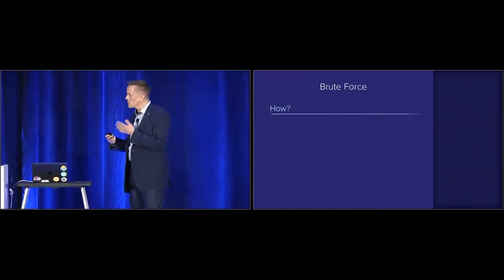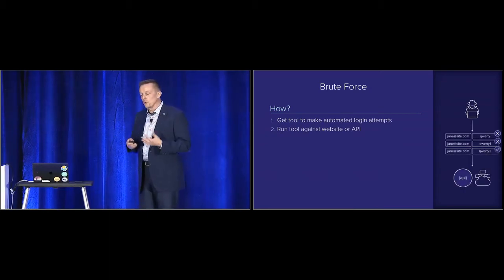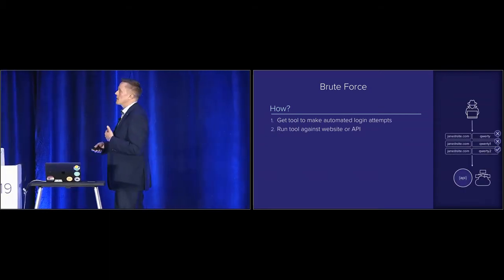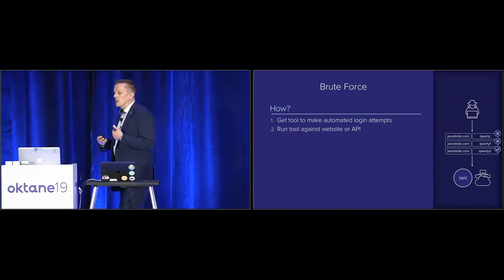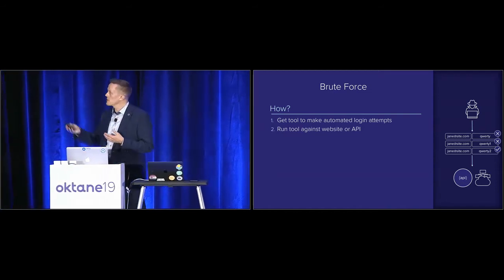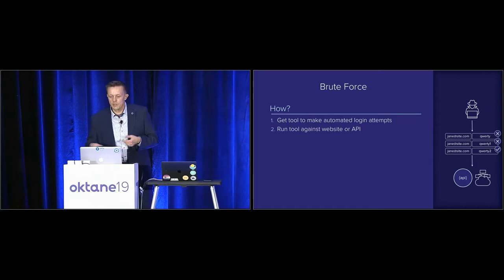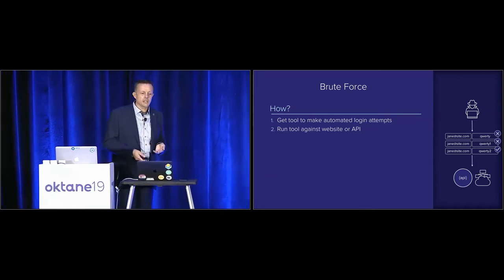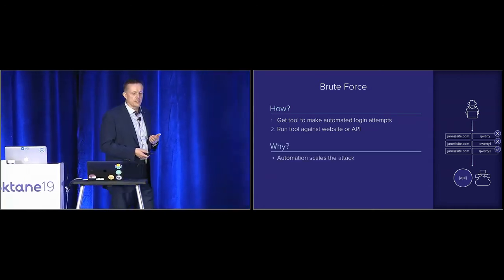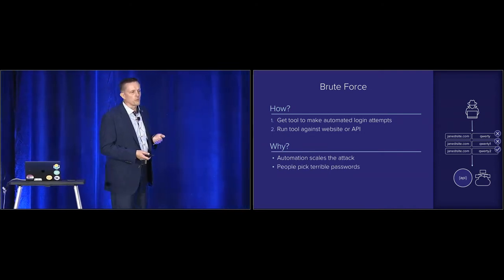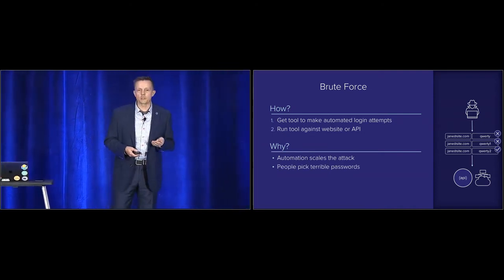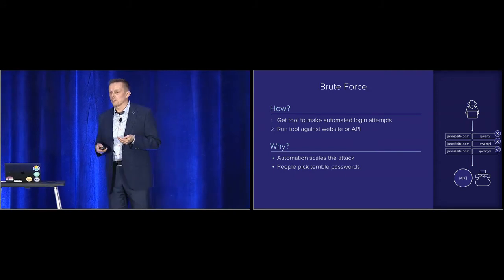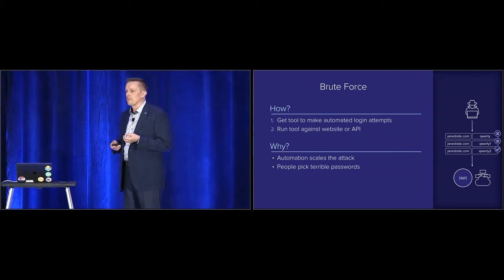Which brings us then to the actual brute force attacks, where you get a tool or create a tool or buy a tool that makes automatic login attempts by trying many passwords against one username. This is automated and very scalable. This also works because people pick terrible passwords. The passwords here are in the top 100 breached passwords.